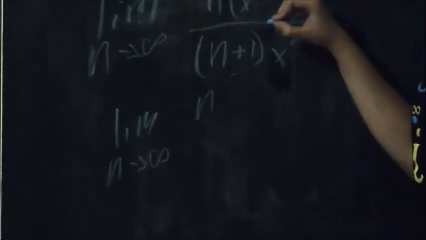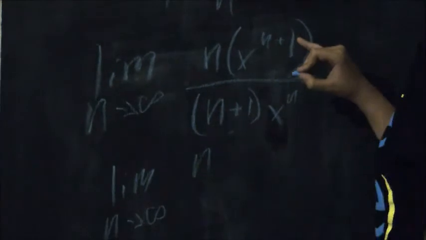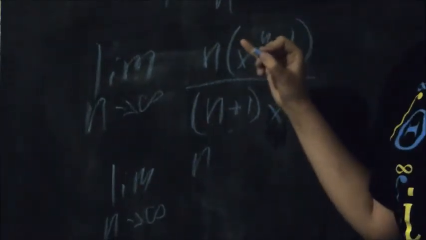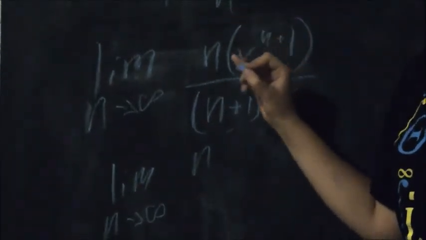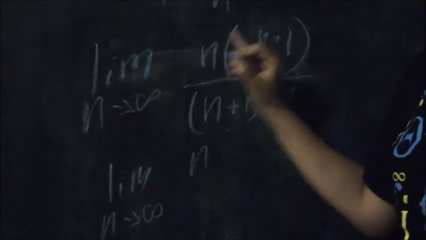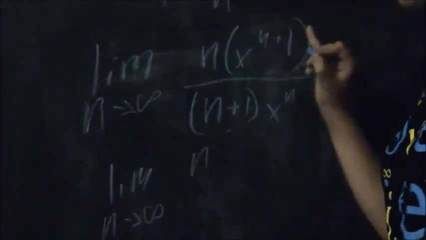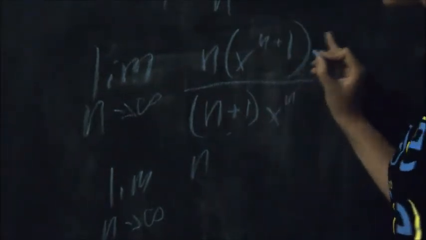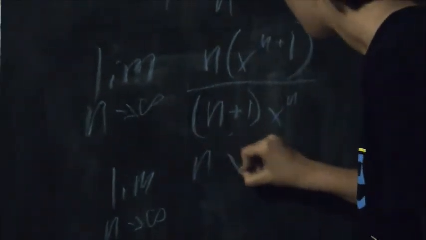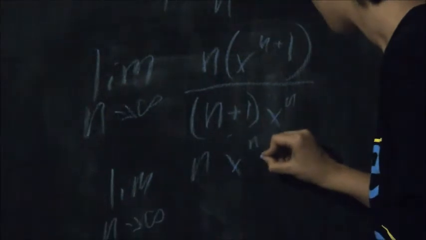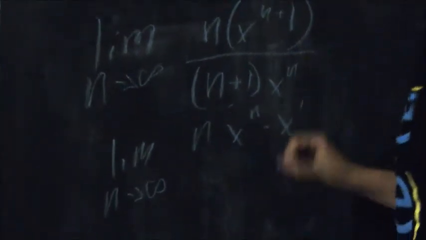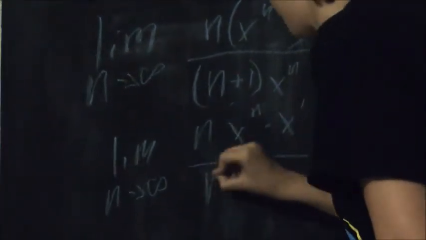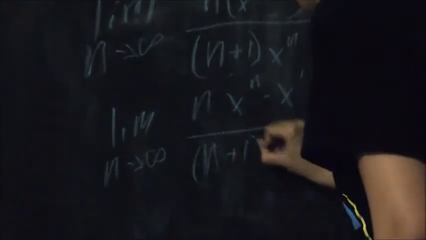Alright, so we see that this is x to the n plus 1. And we know that when you multiply exponents together, you add the exponents. We're just doing the opposite here. So if this is an exponent plus an exponent, we can separate them and say x to the n times x to the first power over n plus 1 times x to the n.